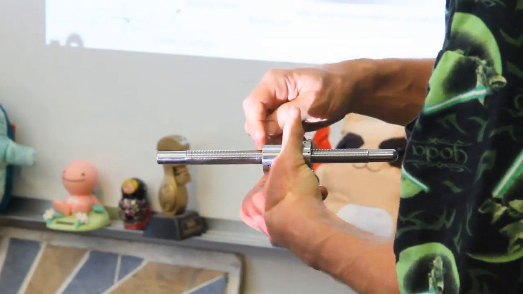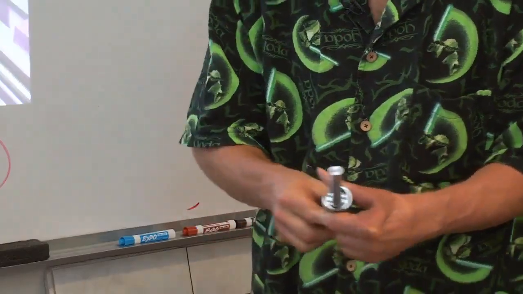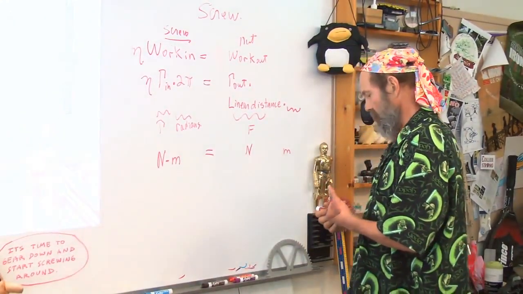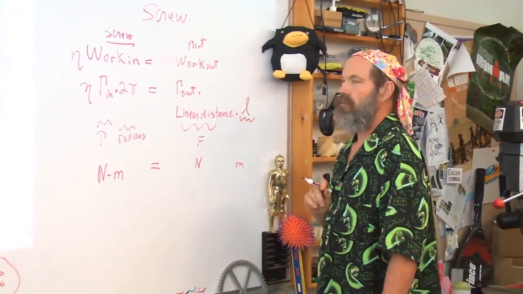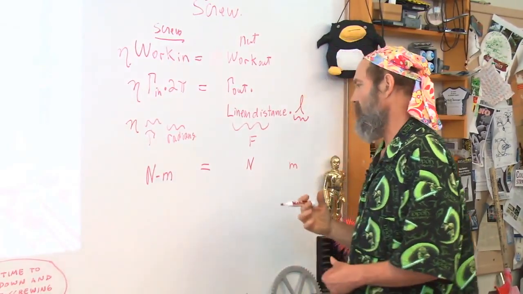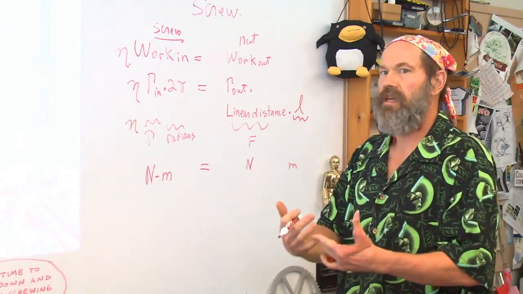The lead is how much this helix advances in 1 rotation of the screw. So that tells me that this is the lead of the screw, my efficiency. And what is of interest to me is, if I put this much torque into this screw, how much force can I get out of the nut?